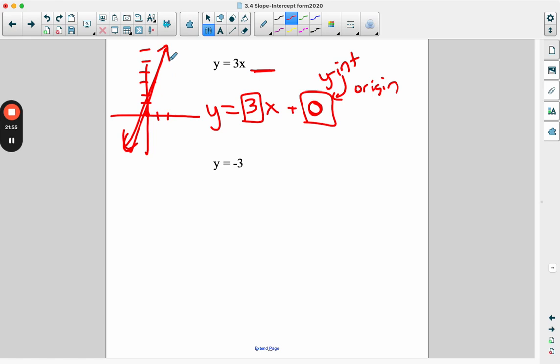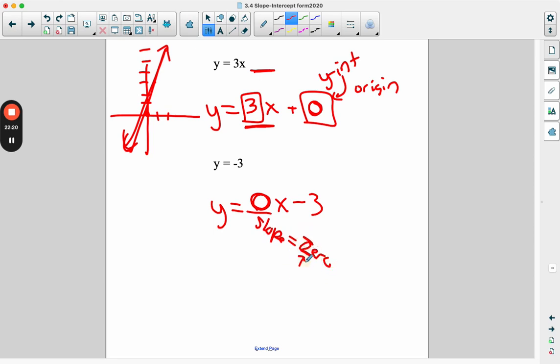Now what about the one at the bottom, y equals negative 3? What's missing from this one is the x term. It's supposed to be some x's plus or minus a number. Well, this one doesn't have an x there, so it's 0 x's. That's like saying y equals 0x minus 3, which tells me that my slope is 0.